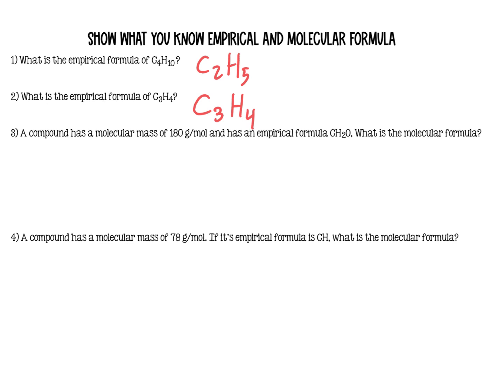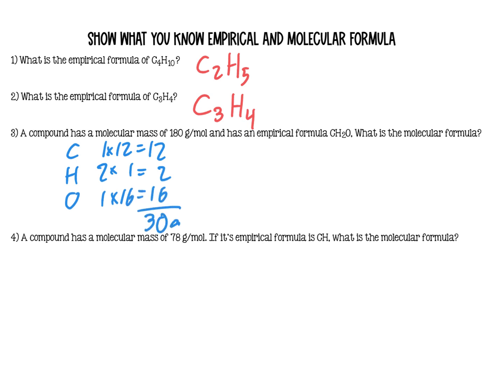Next, a compound has a molecular mass of 180 grams per mole and an empirical formula of CH2O. What is the molecular formula? First things first, we need to find the molecular mass of the CH2O, the empirical formula. Well, we have one carbon with a molar mass of 12 and two hydrogens with a molar mass of 1 each for a total of 2, and one oxygen with a molar mass of 16. 12 plus 2 is 14 plus 16 is 30.